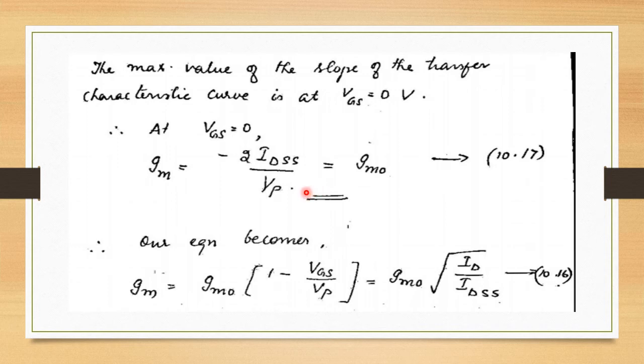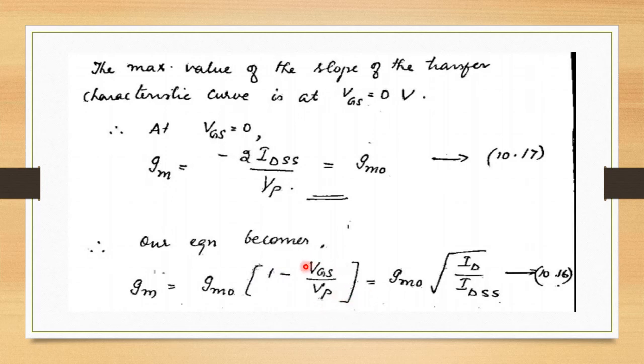As VGS becomes more and more negative, gm decreases from this value. So this is the maximum value of the slope of the transfer characteristic. We represent it as gm0, where the 0 represents VGS equal to 0 volts. This is equation 10.17. So gm is equal to gm0 into (1 minus VGS by VP).